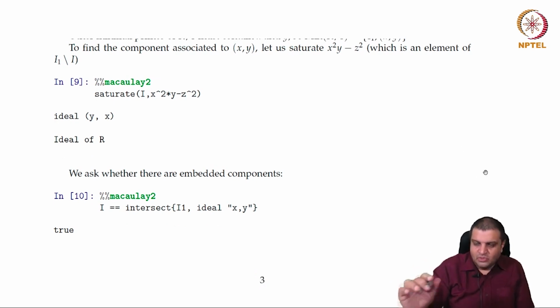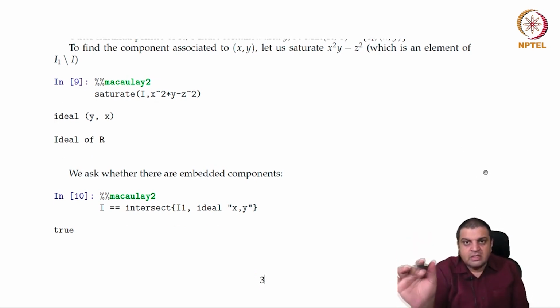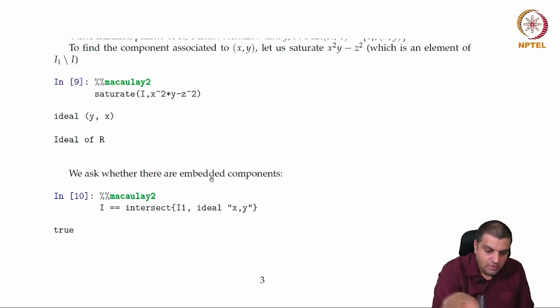sorry, I take it back. We have concluded that the minimal components are I1 and x comma y, but there could be an embedded prime, which we don't know. So we intersect I1 and the ideal generated by x and y, and we ask, is I equal to that?